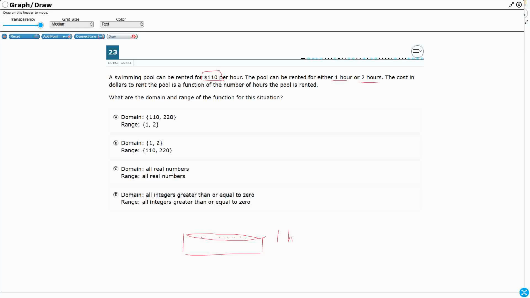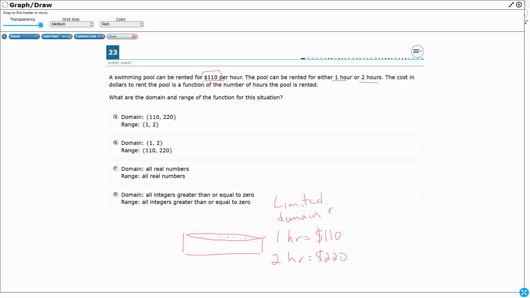Okay, so 1 hour equals, what did we say? 110, because it's 110 per hour. 2 hours equals 220. So you notice it literally says it can either be rented 1 hour or 2 hours. That's it. So we are going to have a limited domain and range. It's only 1 hour, it's only 2 hours.